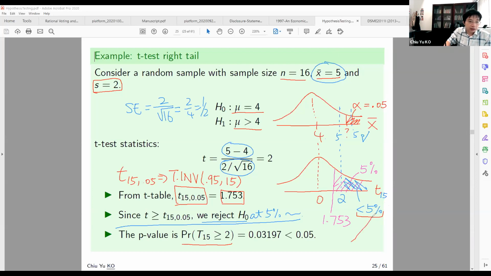You can use 1 minus T dist of 2, you put 15 here, and then you put true. This will be the Excel solution to this, which is less than 5%, it's 3%, so that's why you would again reject. Is that okay?